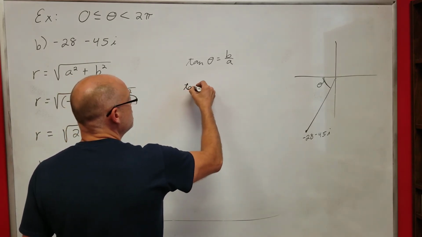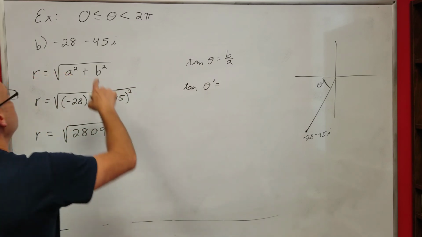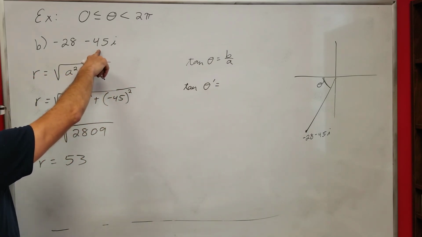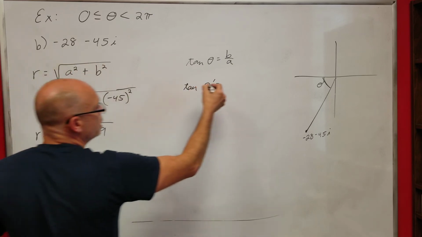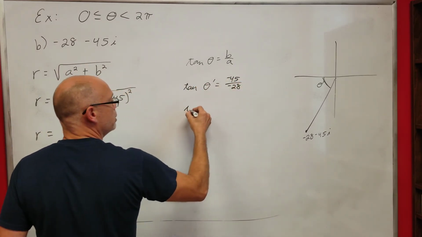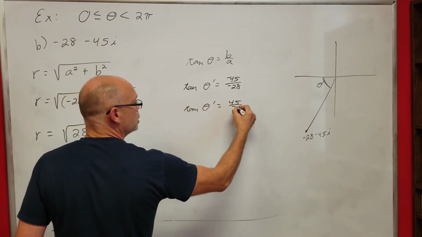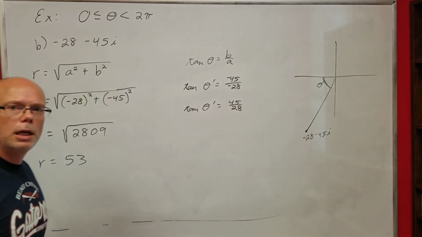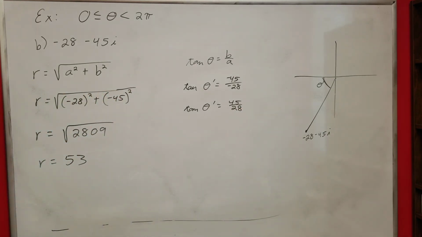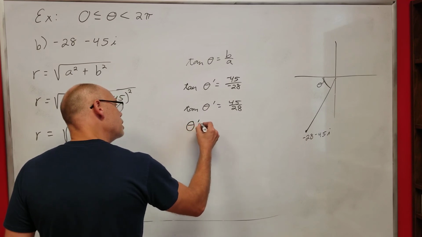So I'm going to say the tangent of theta prime is equal to b over a, which is negative 45 over negative 28. Oh, well, that'll be a positive, right? So tangent of theta prime is equal to 45 over 28. And can you simplify that one? I don't think so, right? No, if I look back, I cannot simplify that one. So what is theta prime going to be?